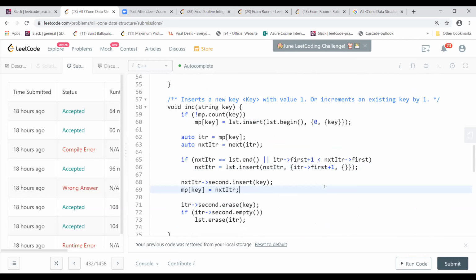No, here it's just moving to the next node. If the next node is not just a one increment, then it's creating a new node and inserting there. So next is only a single O(1) operation. Yeah, so insert will be a big one. No, insert will not be a big one because this is a doubly linked list. Okay, yeah, you're right. So this should be okay.